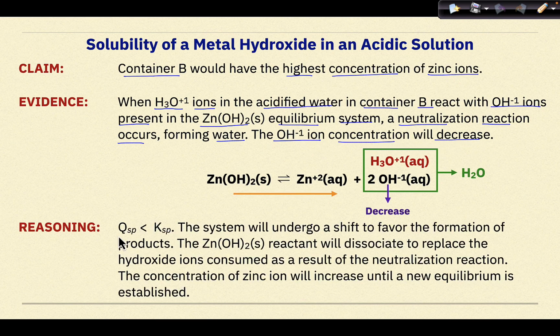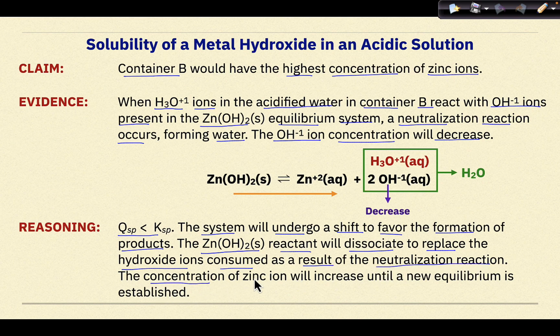Reasoning: Qsp is less than Ksp. The system will undergo a shift to favor the formation of products, as we can see by this orange arrow right here. The Zn(OH)2 solid reactant will dissociate to replace the hydroxide ions consumed as a result of the neutralization reaction.